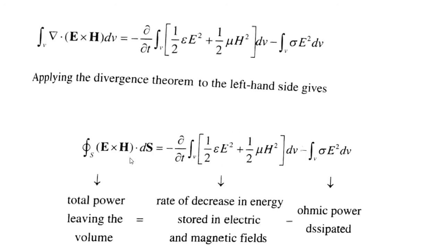The surface integral of E cross H dot ds is the total power leaving the volume. This is the rate of decrease in the energy stored in electric and magnetic fields, and this is the power lost due to conductivity. That's called the ohmic power. The power that is dissipated is given by sigma E square.